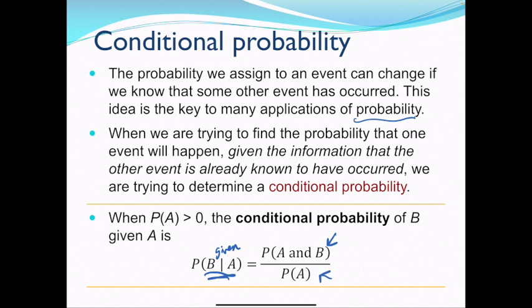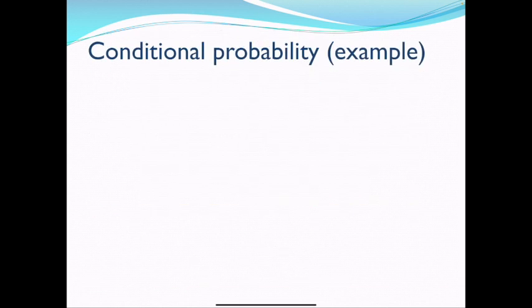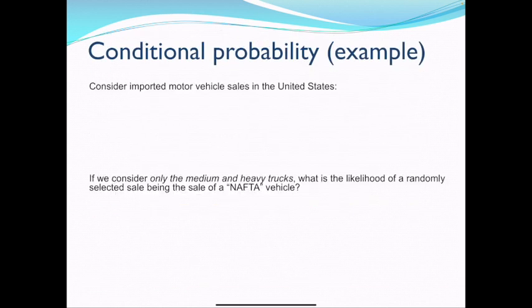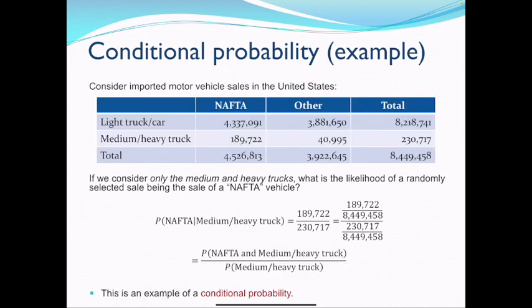So why don't we go ahead and work through an example. Consider imported motor vehicle sales in the United States. If we consider only the medium and heavy trucks, what's the likelihood of randomly selecting a sale being a NAFTA vehicle? Okay, so we've got NAFTA, other, and the total number of car sales.